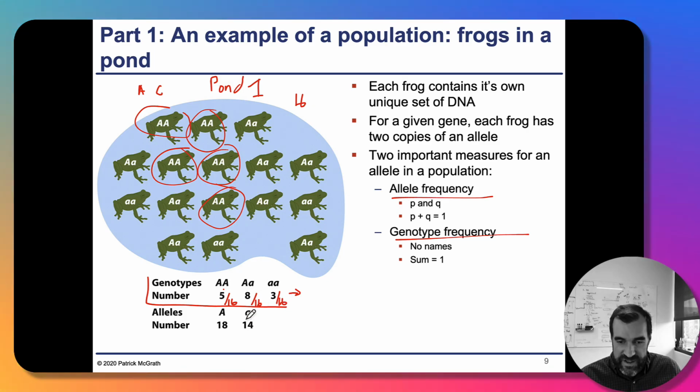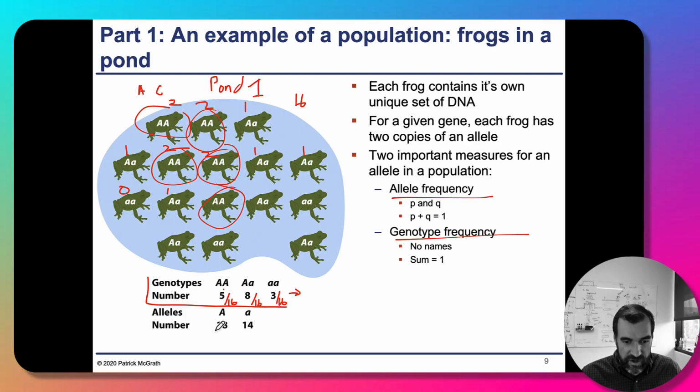The allele frequency is similar, where you're just calculating the total number of big A's and little a's in this pond. We could go in and for each frog calculate how many big A's are there.